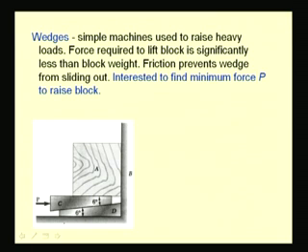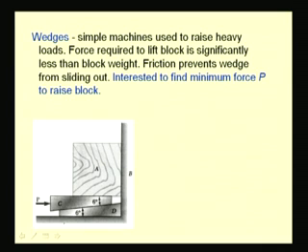These are devices that are used to raise loads or to keep loads in certain position. So, they advantageously use friction to accomplish this job.